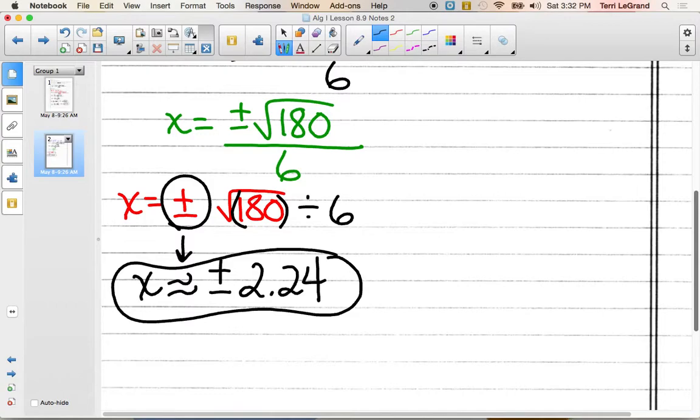So rounded to the nearest hundredth, we have both a positive 2 and 24 hundredths as a solution and a negative 2 and 24 hundredths as a solution.